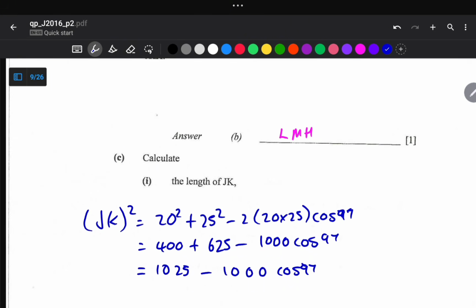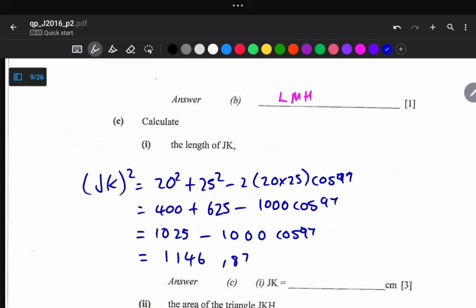So let us subtract 1000 cosine 97 from 1025. This gives us 1146.87. Okay, so JK squared is equal to this.